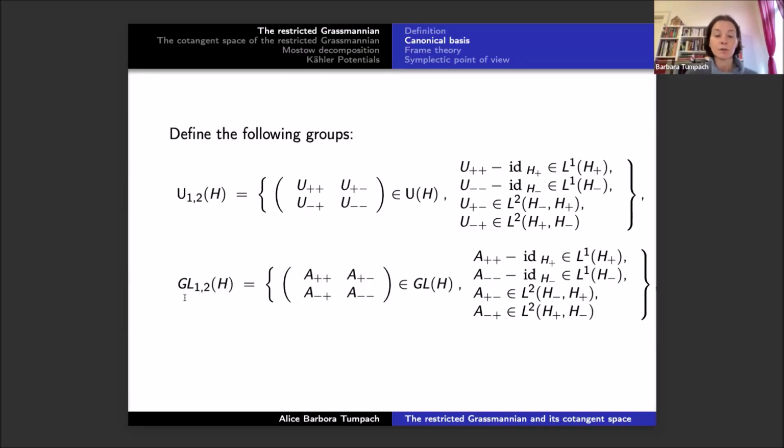The corresponding group GL12 is the same, with the same condition.